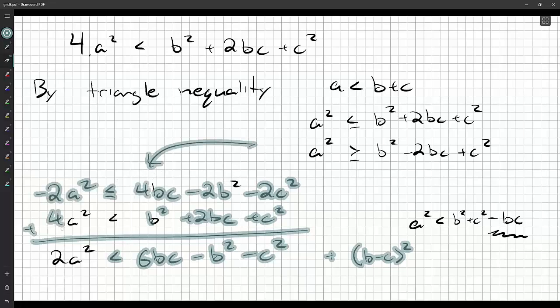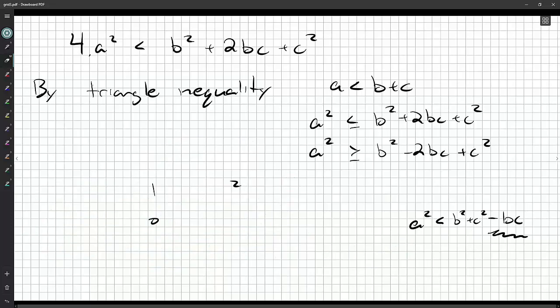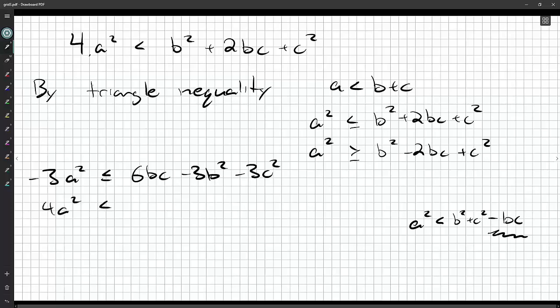Alright, let's try and go. I think the minus 3 might have been good. I can't remember exactly why I abandoned it, and that's not a good sign. But we'll say 6bc minus 3b squared minus 3c squared, 4a squared less than, so when we add them, it'll definitely be a less than sign. Then I'll get a squared. We do 2bc plus b squared plus c squared.